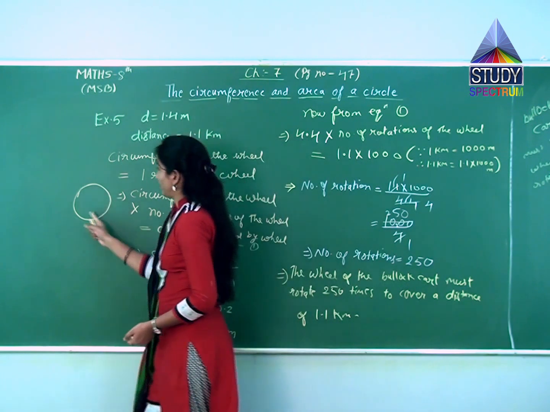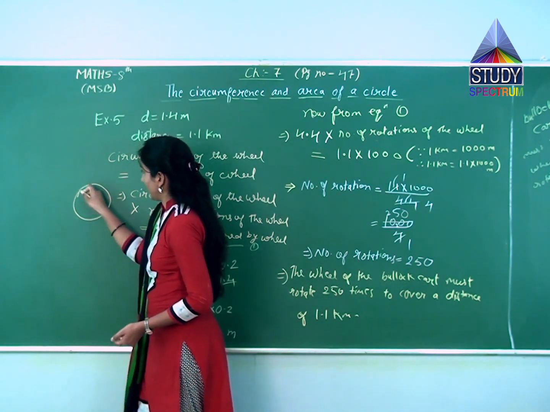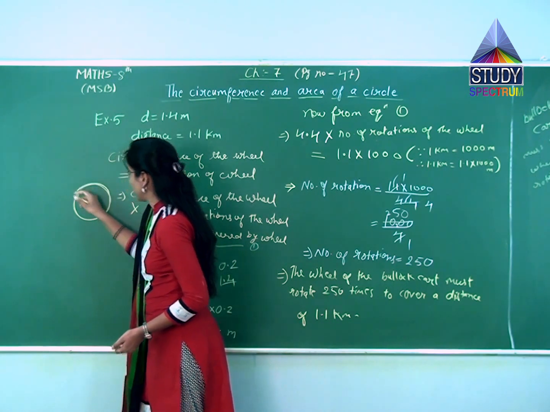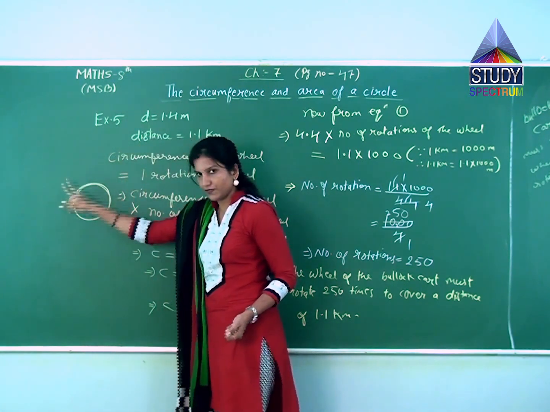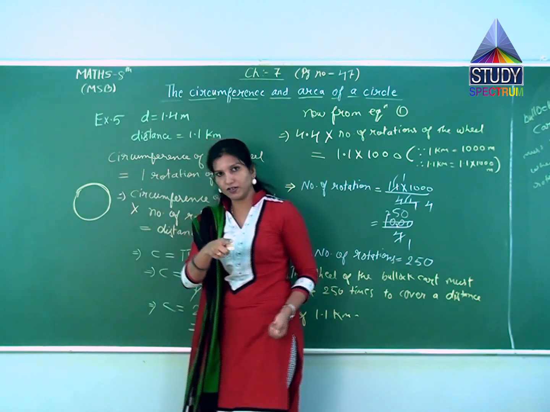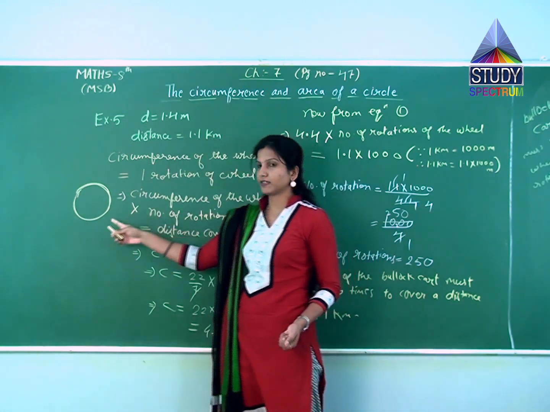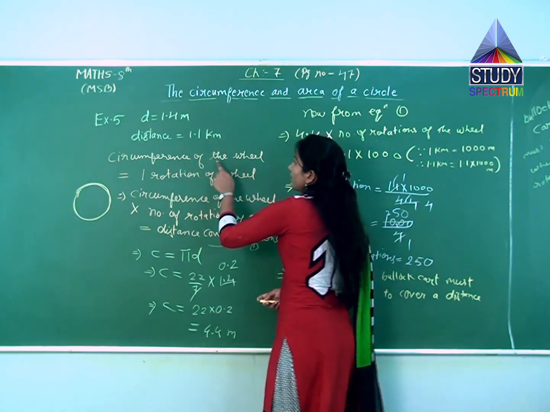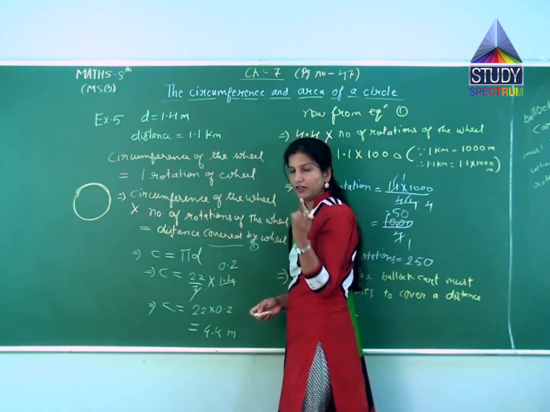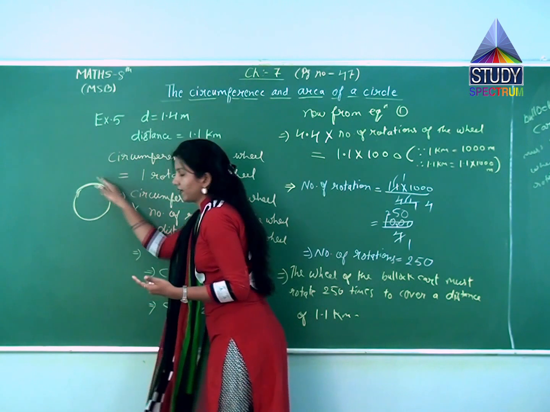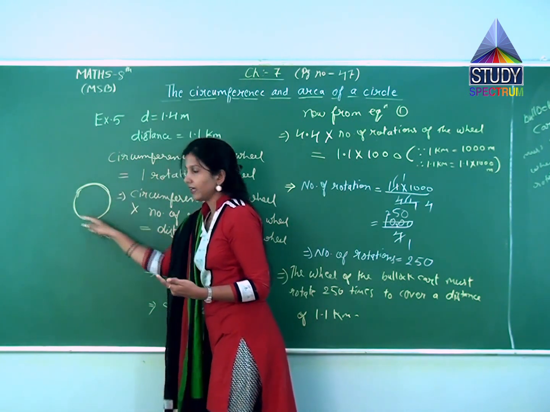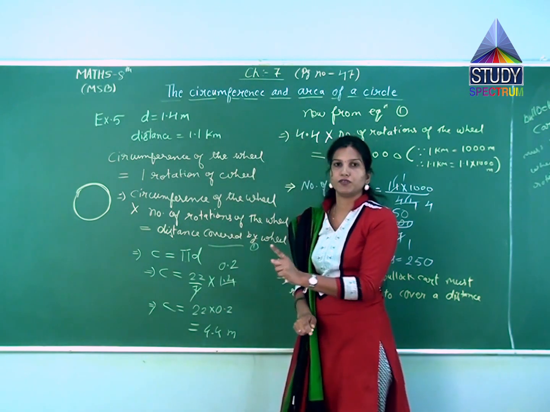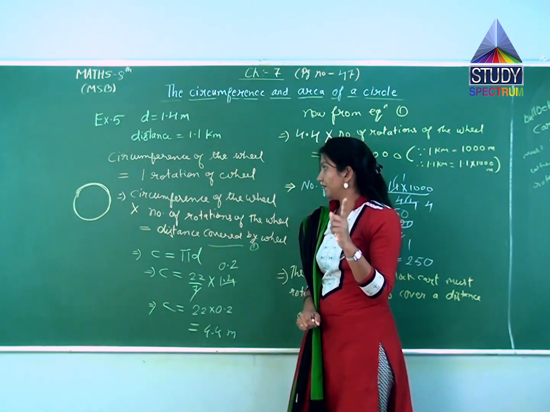Suppose this is the wheel of the bullock cart, and if it rotates, it covers this distance. This is the circumference of the wheel, and the wheel is circular in shape. The circumference of the wheel means one rotation of the wheel, because it is rotating one time.